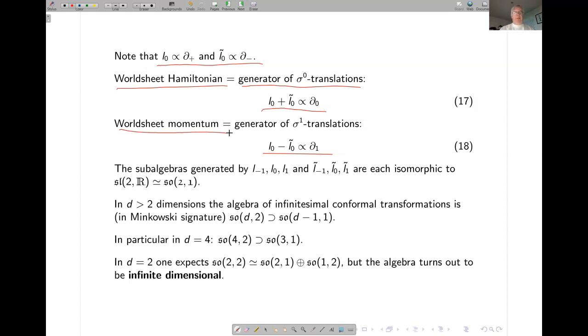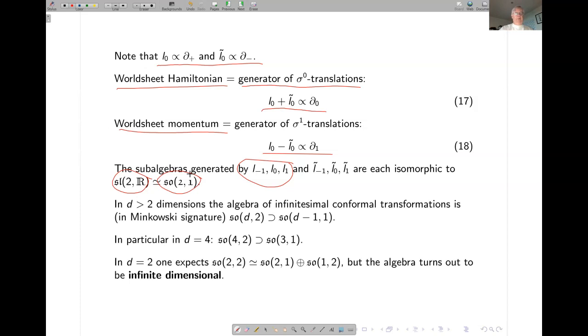The subalgebras generated by L0, L plus, and L minus play a special role, as we will see in a moment. And if you compute these commutation relations, then you find that they are the commutation relations of the Lie algebra SL2R, or equivalently SO2,1.